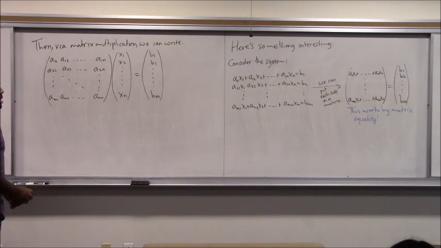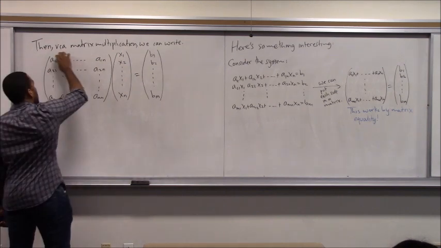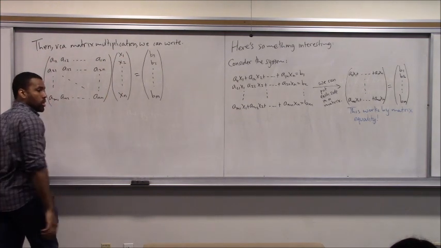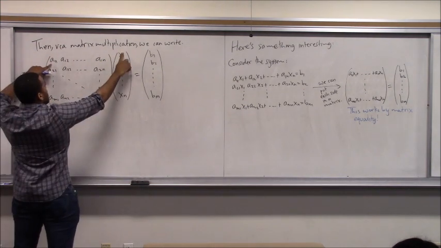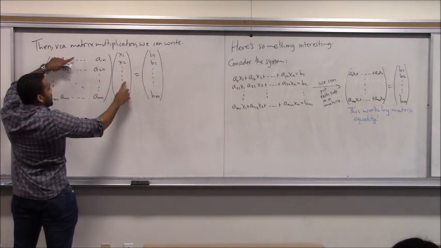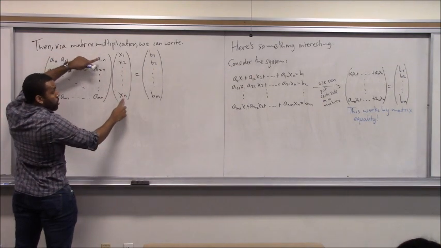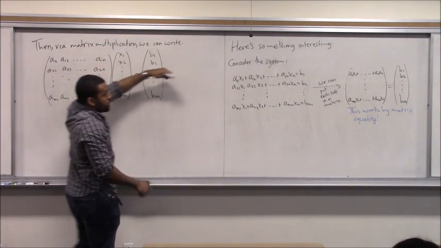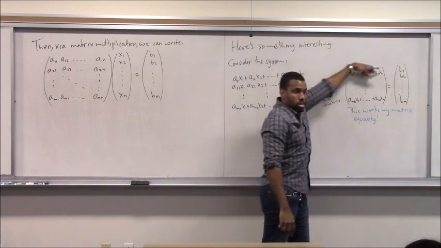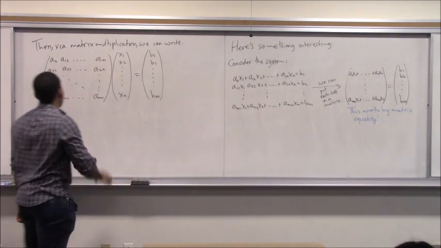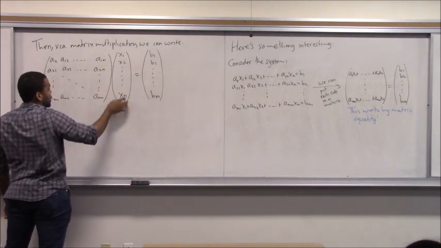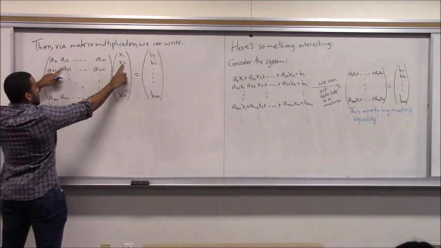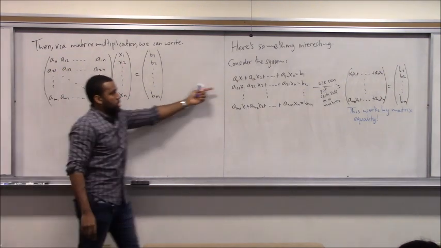And how would this work? Of course, if I take a row times a column, what am I doing? I'm taking this times this, plus that times that, plus that times that, all the way down. That would recreate this equation. Similarly, when I take the second row times this, this times this, plus that times that, I'll create the second equation.